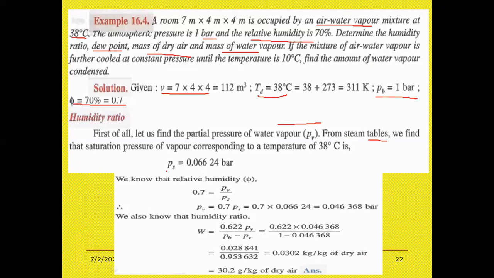The relative humidity formula gives 0.7 is equal to PV by PS. Therefore, PV is equal to 0.7 PS, that is 0.7 times the saturation pressure from the steam tables. Therefore, the humidity ratio W is equal to 0.622 PV divided by PB minus PV. After substituting the values, we finally get W is equal to 30.2.